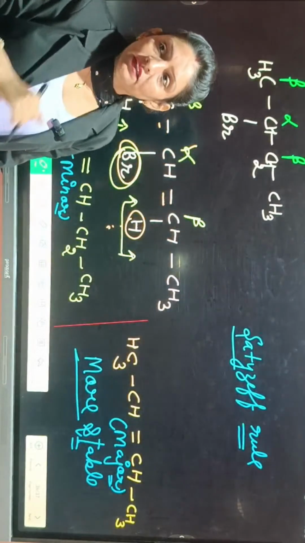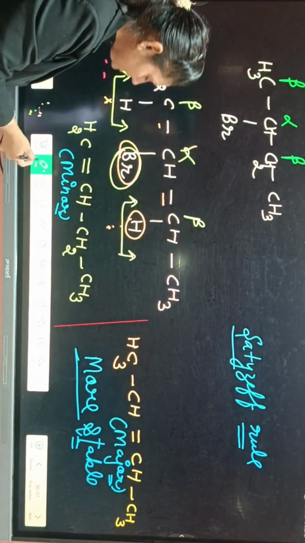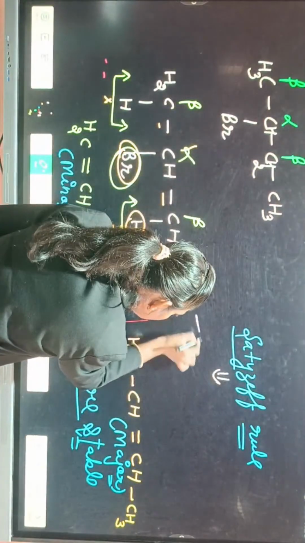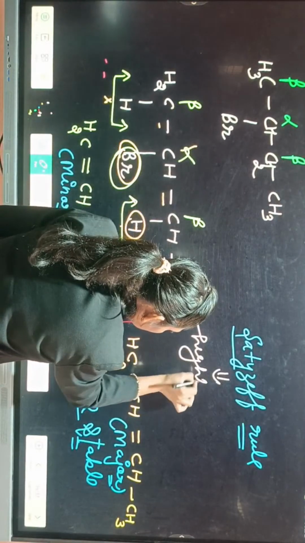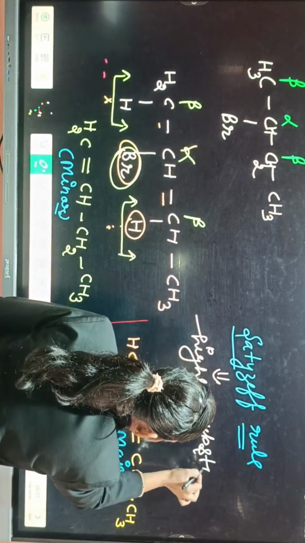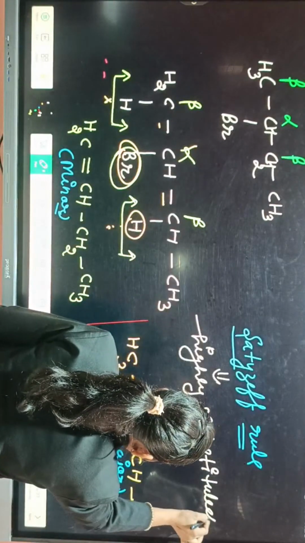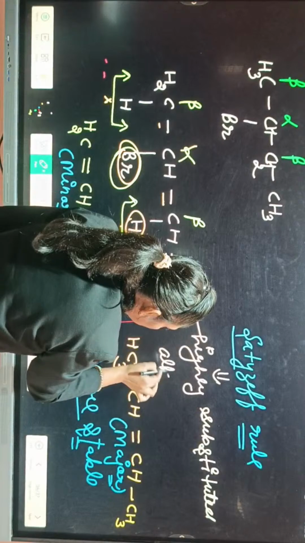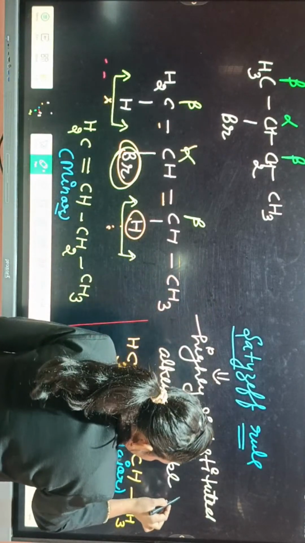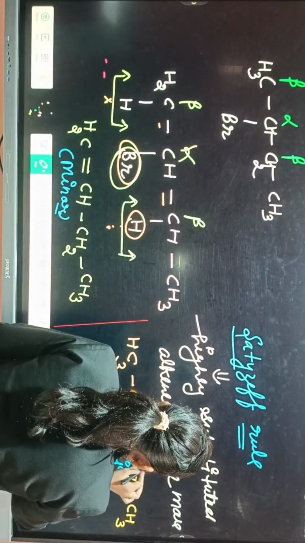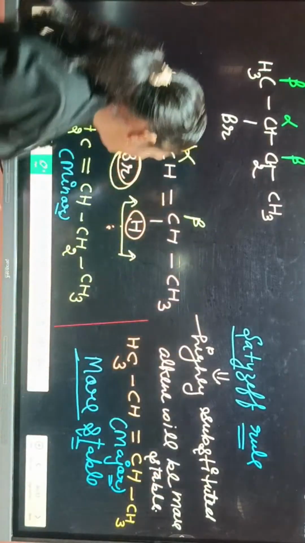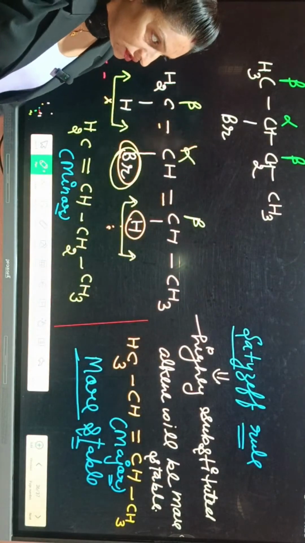What do you mean by the Saytzeff rule? Saytzeff rule says that a highly substituted alkene will be more stable. Highly substituted alkene will be more stable.